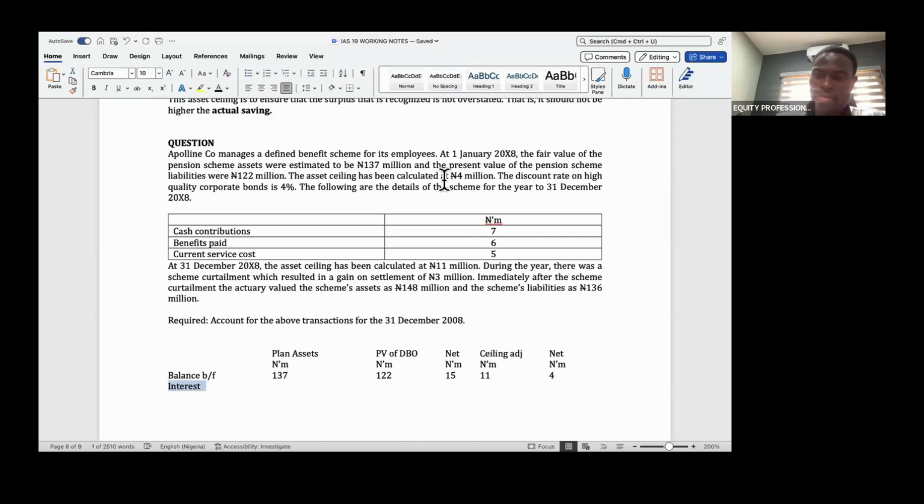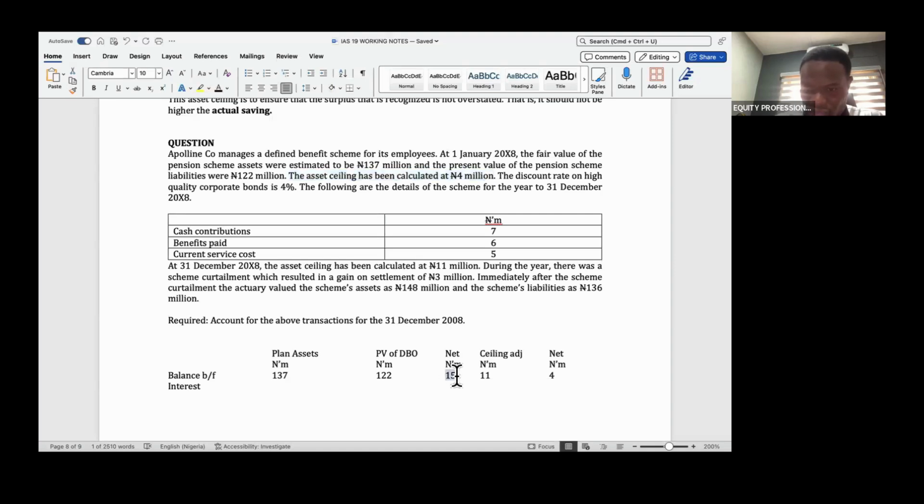So, not so different from what we have been doing so far, other than the fact that the actual savings here is 4 million. Ordinarily, I would not even have done the net for opening, but for the fact that the examiner told me that the opening asset ceiling is 4 million.